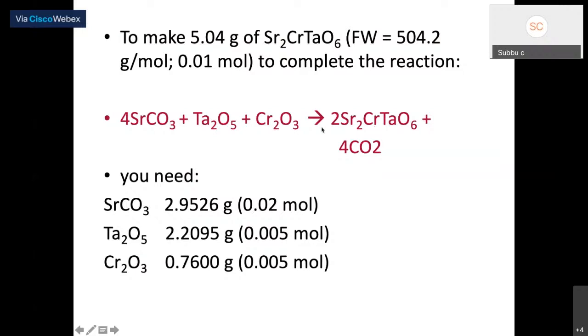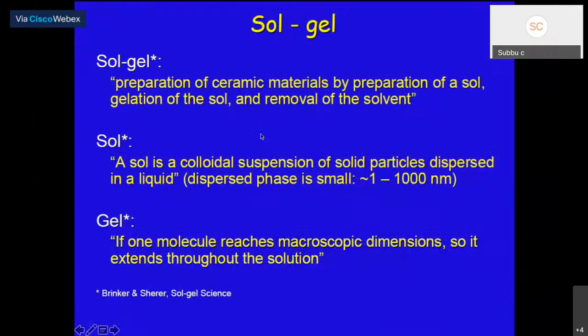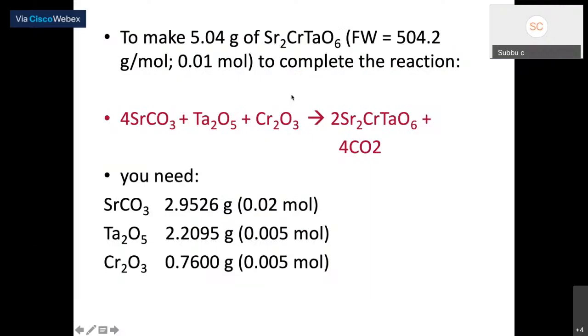So the starting materials are strontium carbonate, tantalum oxide, and chromium oxide, and you have to take this many moles. Not only that, you look at the melting points of strontium carbonate, tantalum oxide, and chromium oxide, take the lowest melting point, and take 2/3 of that temperature.